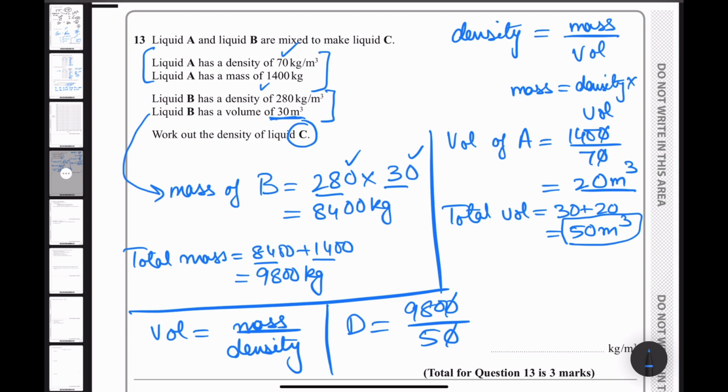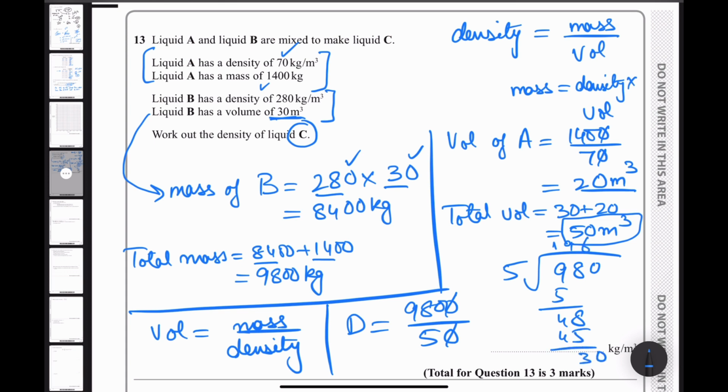I'll just do it here. 980 divided by 5. 5 times 1 is 5, 5 times 9 is 45, and then 30 here, 6.